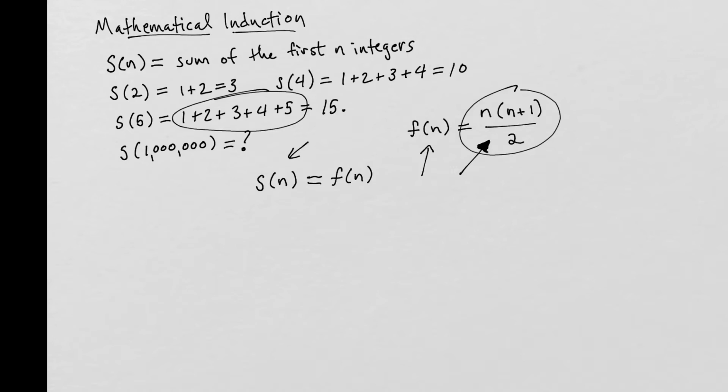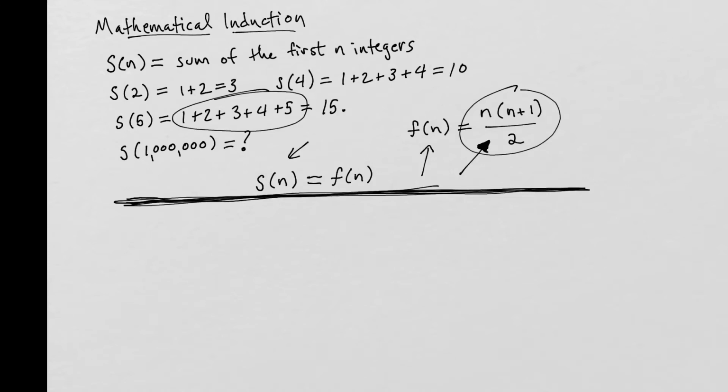And so what we're going to do is just start brute force checking this. And then what we're going to notice is that our way of brute force checking this can be simplified or maybe generalized. And that generalization is going to be our proof by induction.